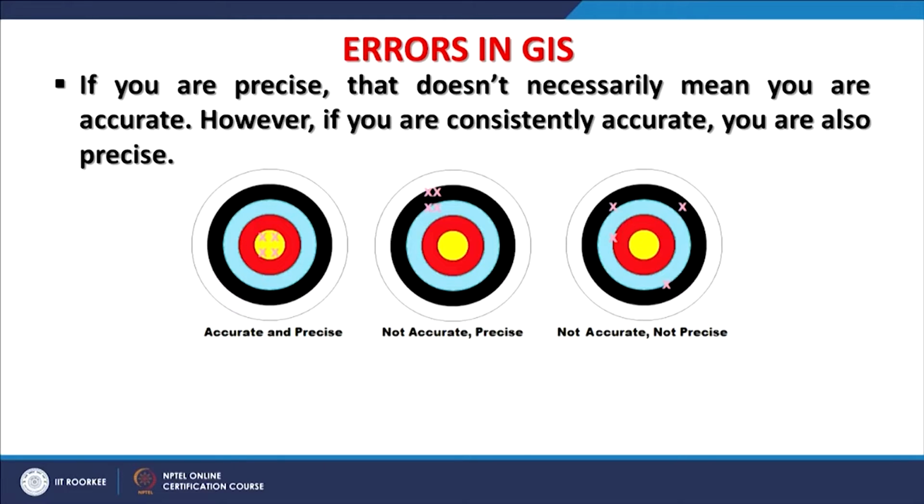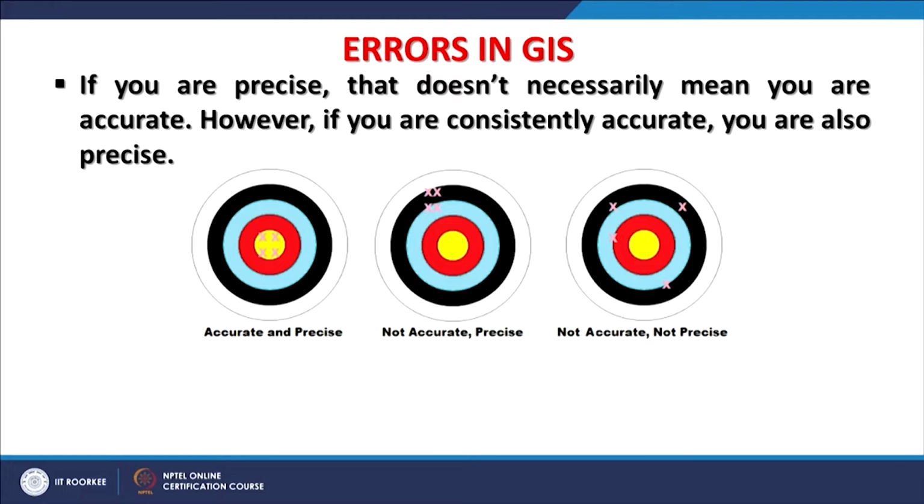Whereas in the second example, it is not accurate but precise, because all our markings are almost in the same area, but not accurate, because we are very far from the center point or bullseye, as we also say in short. Whereas the third example is neither accurate nor precise, because all our hits are scattered all along these circles, and they are quite far from the center point or bullseye.